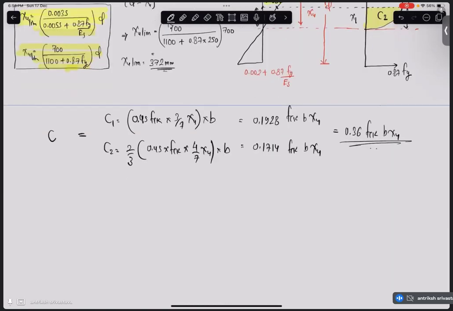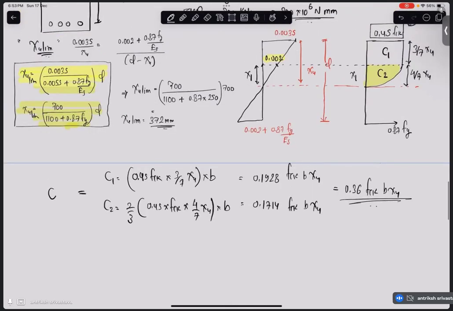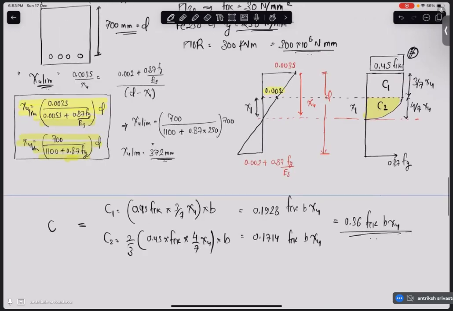Similarly, you can calculate this distance from the centroid, that 0.42 we get. This particular C1 will have its centroid around 3 by 14 xu, and then C2 will have it somewhere here.